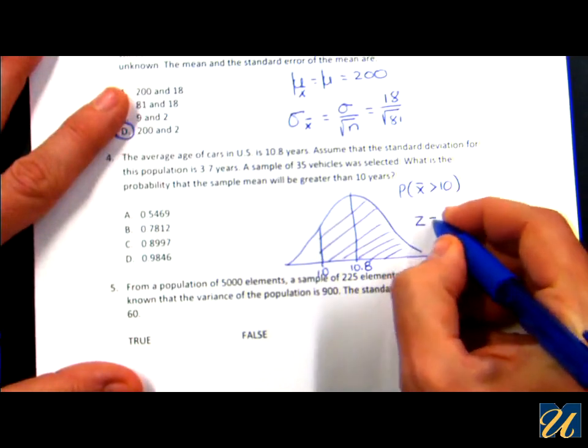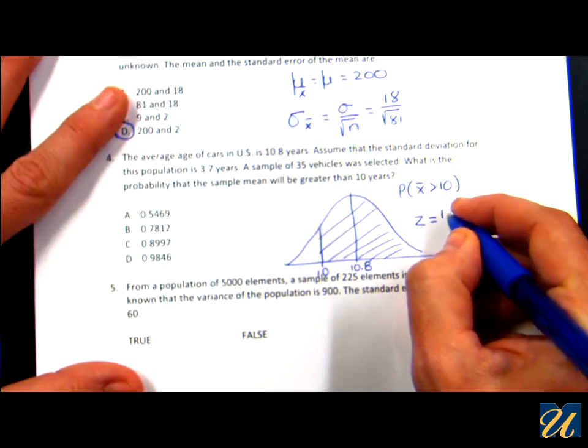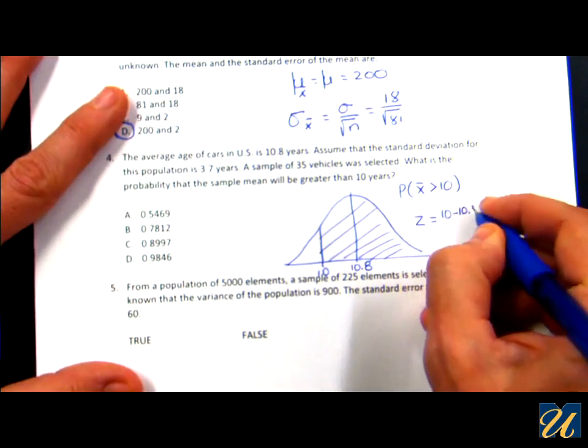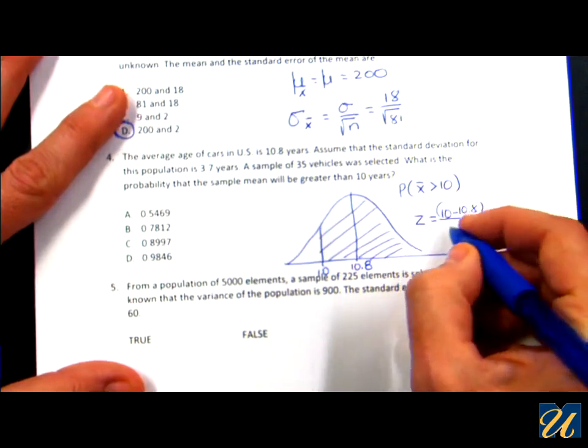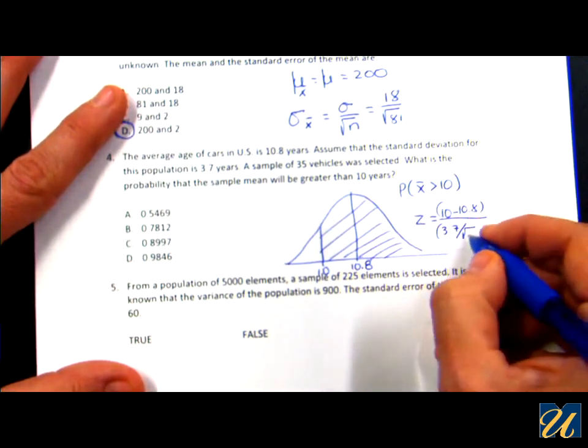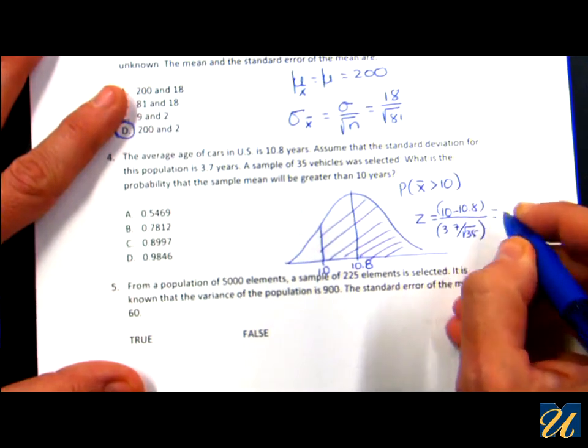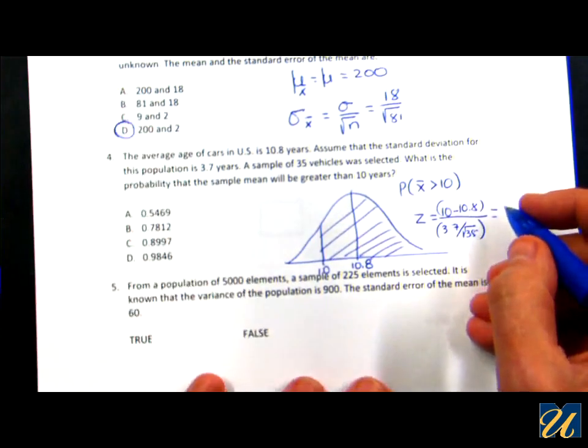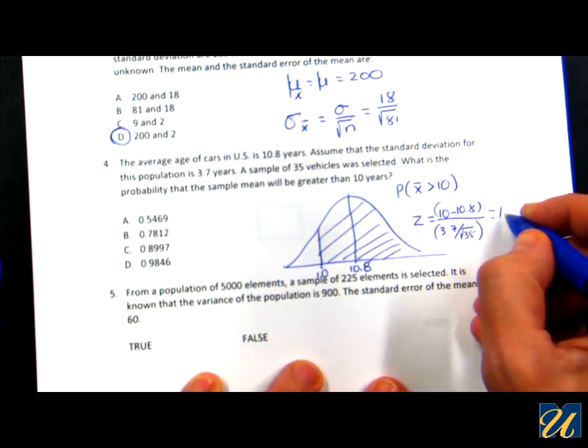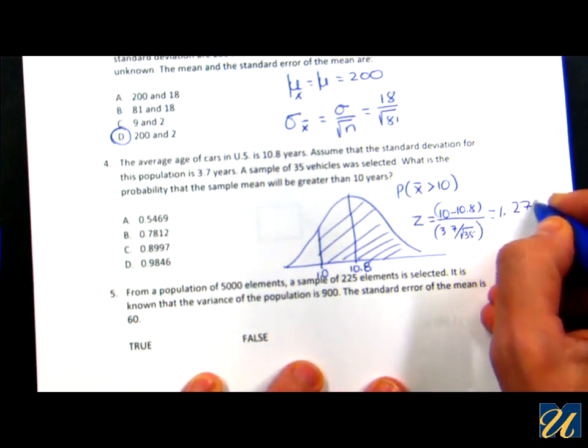We calculate the z-score. 10 minus 10.8 over 3.5 divided by square root of 35. This will be equal to 1.2792.